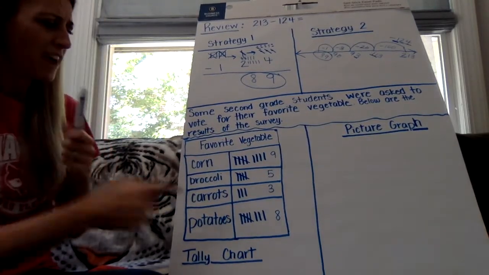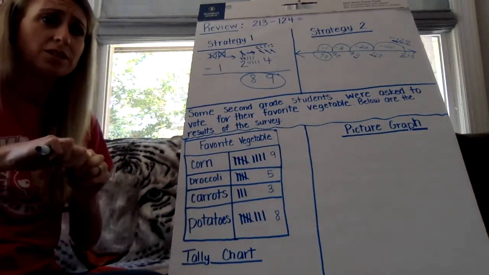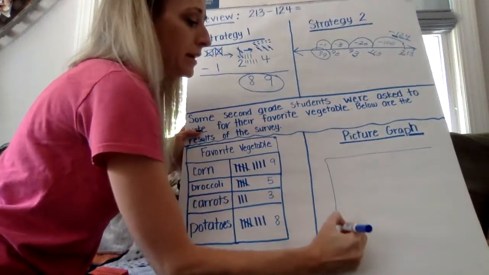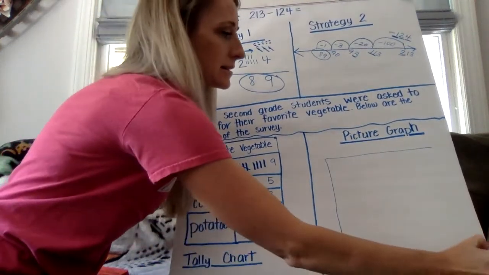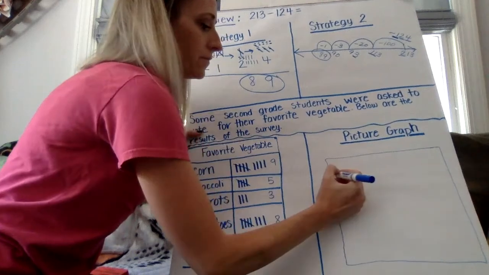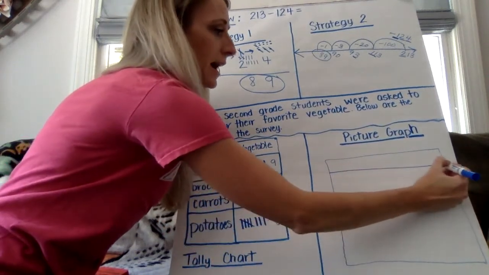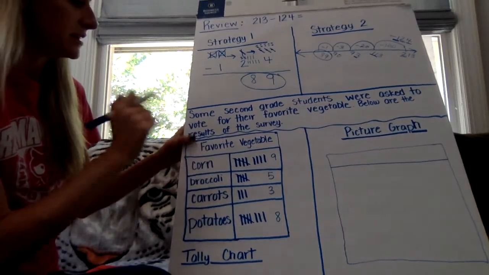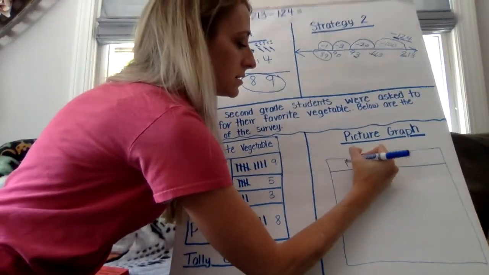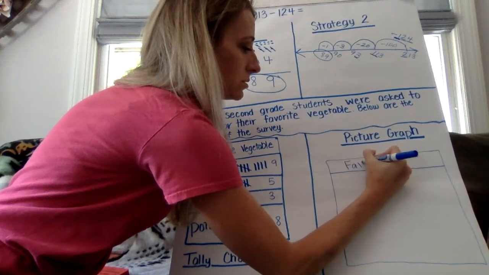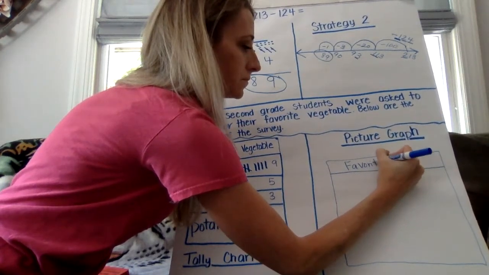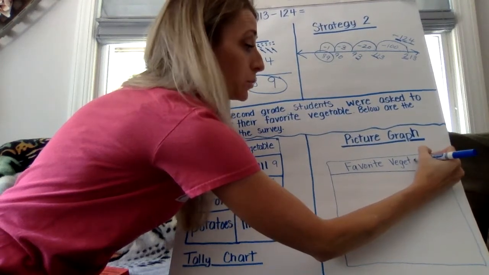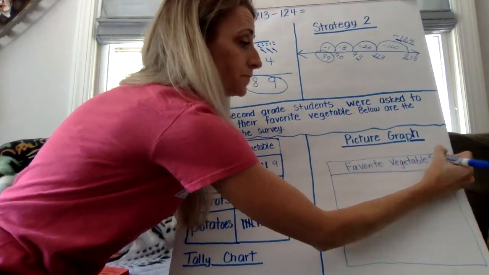So a picture graph actually looks quite similar to a tally chart when you set it up. So I'm going to draw my big box, and I need to make my title. So my title is favorite vegetable, or I could have put what is your favorite vegetable.